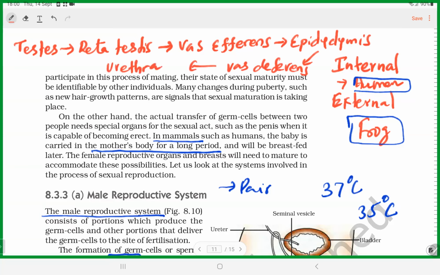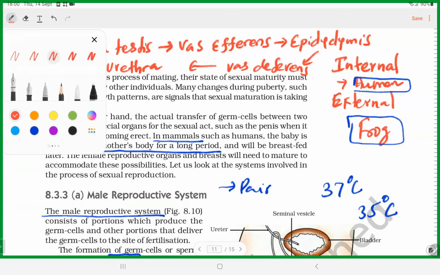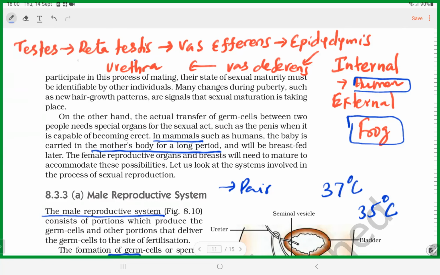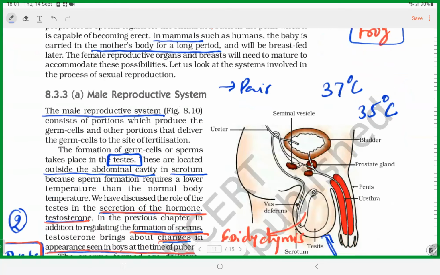This is the passage of sperm cells from the testis to the external genitalia, through the urethra and ejected out. The urethra is the common passage for both urine and seminal fluid in the urogenital system.